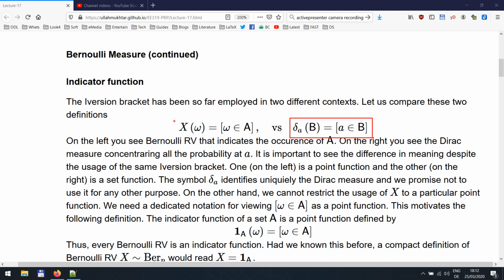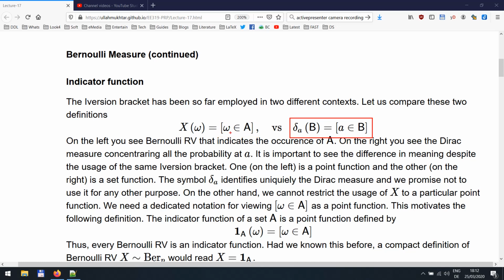But we cannot promise that we will use X only for this purpose, because here X is just a coincidence that we have used X to denote the Bernoulli random variable, but X can be used for any random variable. So we need a symbol that is dedicated to mean only this thing. If I want to view this Iverson bracket as a function of omega or any point, I need a new symbol and maybe a new name for this.